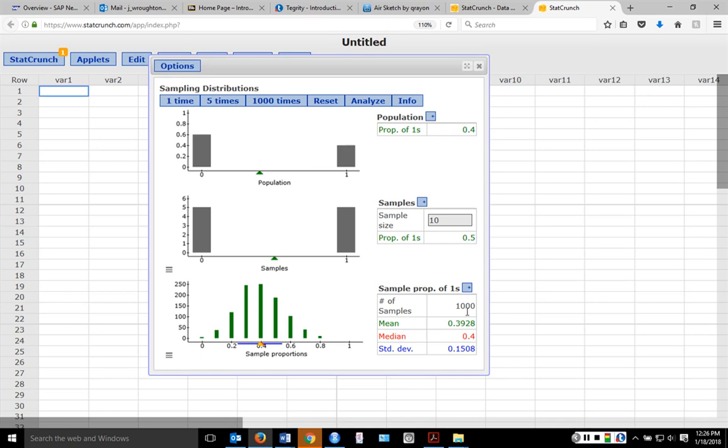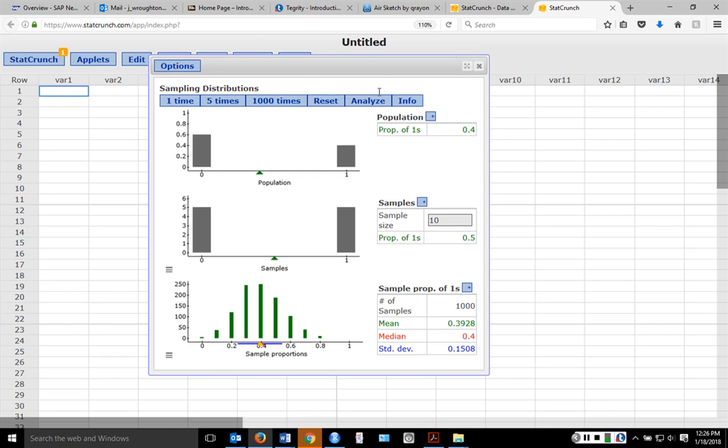So I would hope to get 40%. So the fact that the mean and median are really close to that 40% is a very good thing for me here. And then the standard deviation, remember, gives us our idea of the distance we fall away from the mean, is about 15%. But we are also only sampling 10 beads, right? So if you're off by 1 bead, you're already 10% off here.